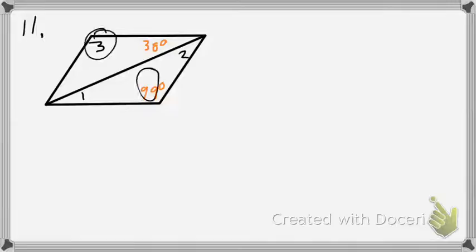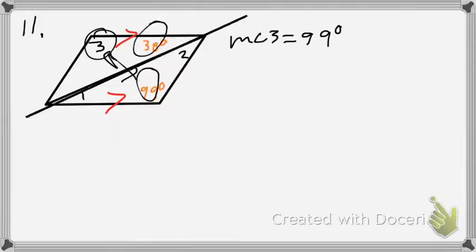So we're going to start off by looking at 3 and 99. Hey, opposite angles. Measure of angle 3 equals 99. Third of the way there. We also know that those top and bottom lines are parallel. How do we know that? It's a parallelogram. If we extend that side one a little bit, we see that those two parallel lines and that diagonal form a transversal.